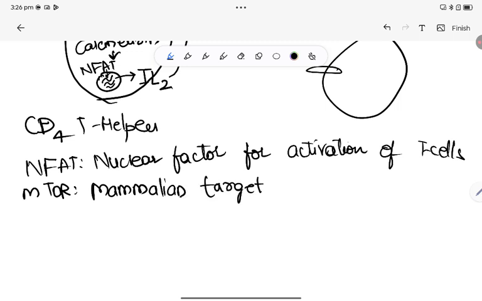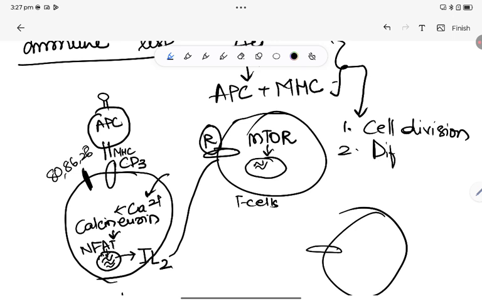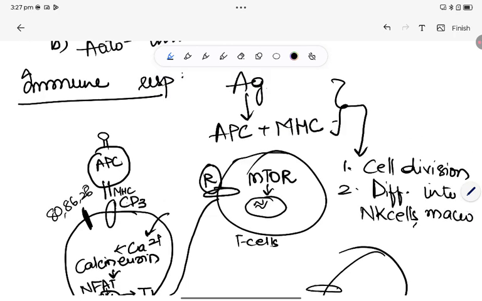This mTOR, once activated, enters into the nucleus and results in transcription, translation, and most importantly, it causes cell division of T cells as well as differentiation into natural killer cells as well as other macrophages. This is how your normal immune response will be.